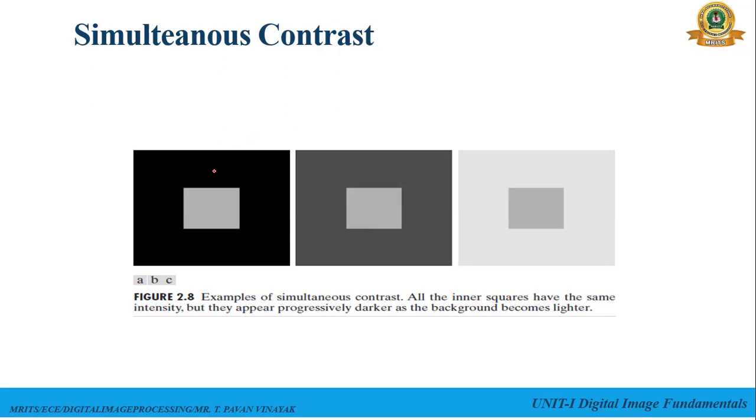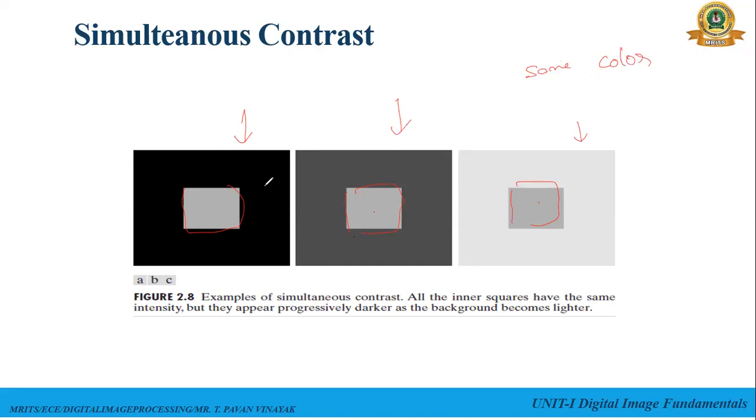Based on the region colors, our human eye perceives different contrast. Let us see this example. In this example, see the center square box. For the three images, the center square box color is the same.